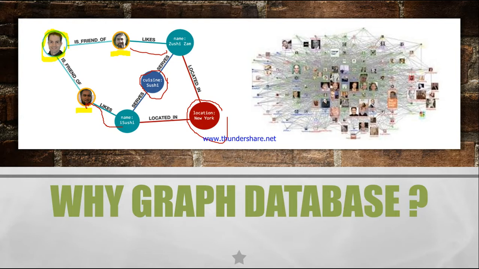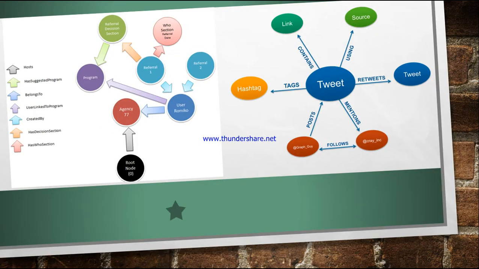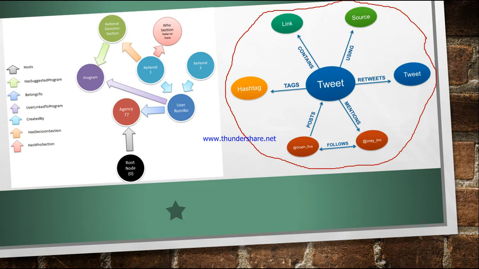Another example of social media use of the graph database, we can see here the connectivity between a tweet and its sub-elements. It contains a link, it uses a source, it has a hashtag, gets retweeted, and so on, posted by this fella, and he follows this guy that is mentioned in the tweet as well.